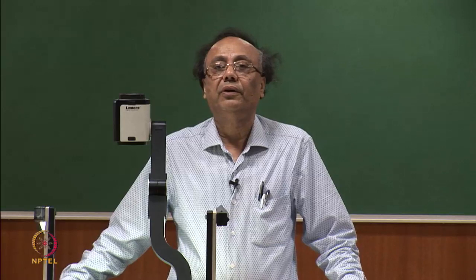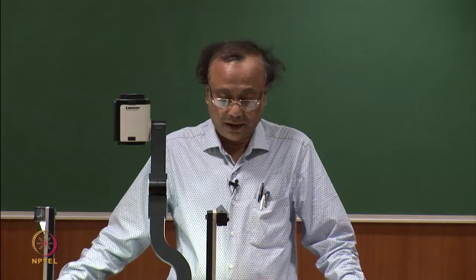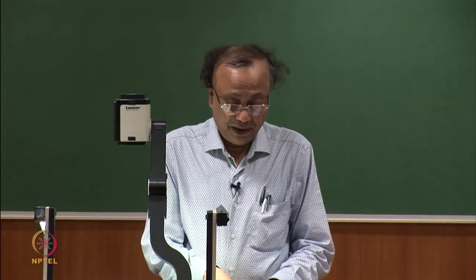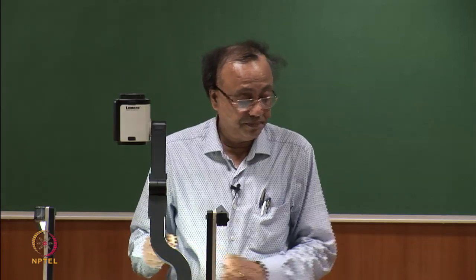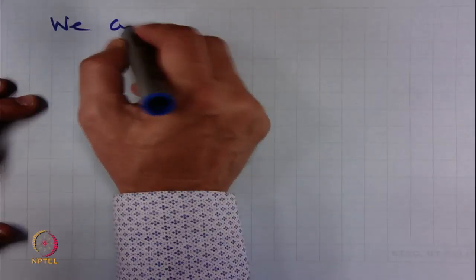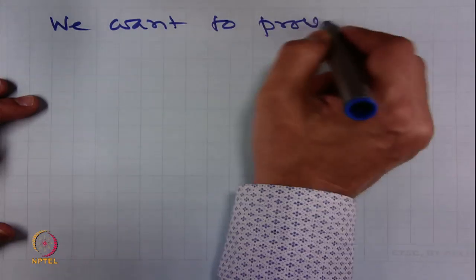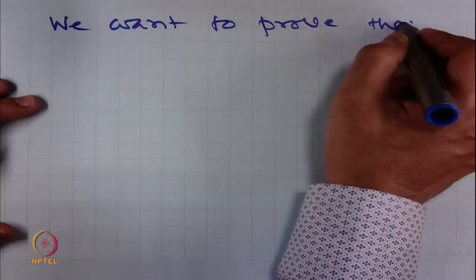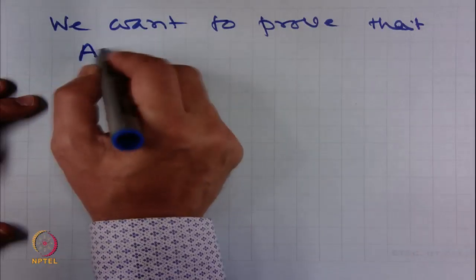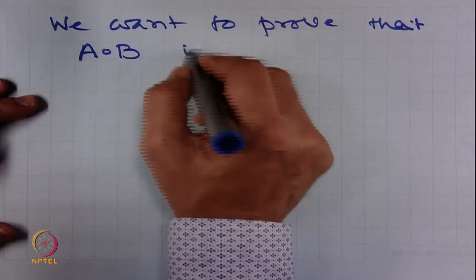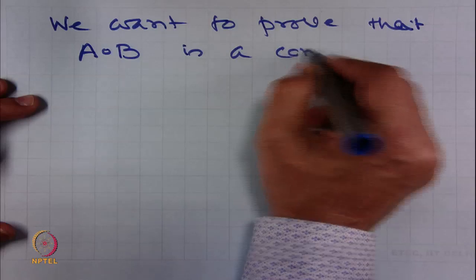Okay. So, with that background, now let me prove the theorem. We want to prove that A * B is a continuous fuzzy number.